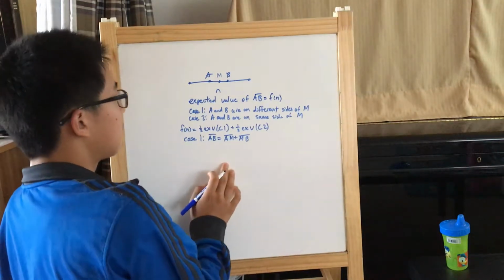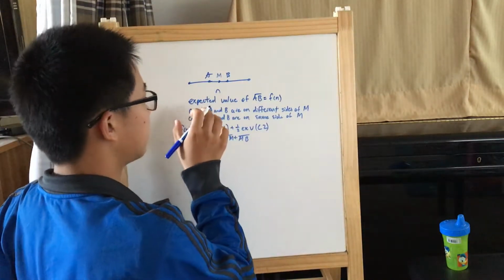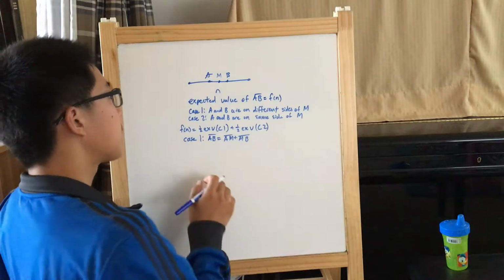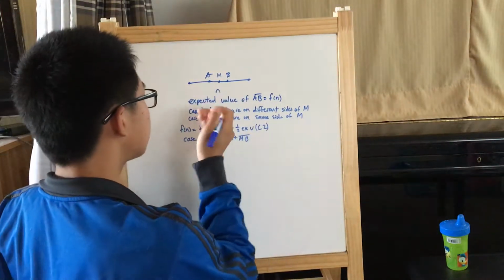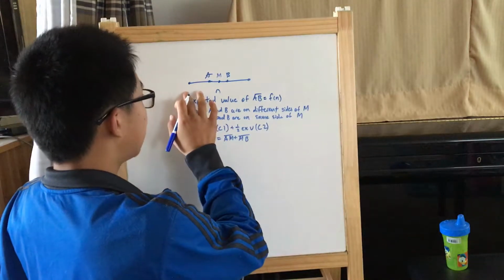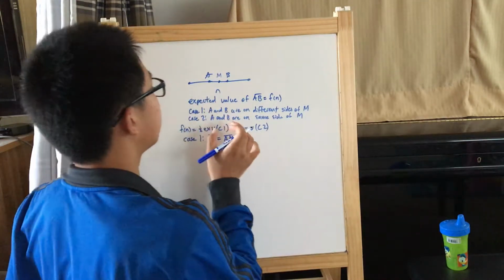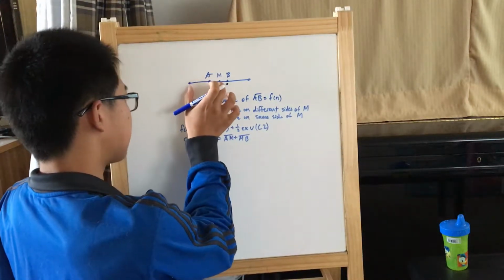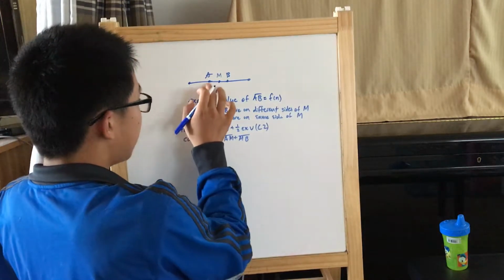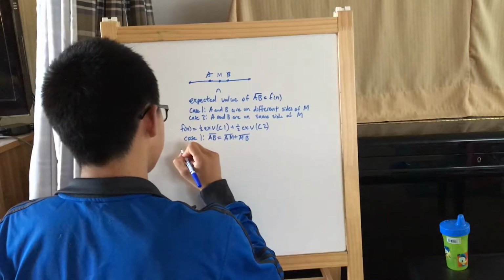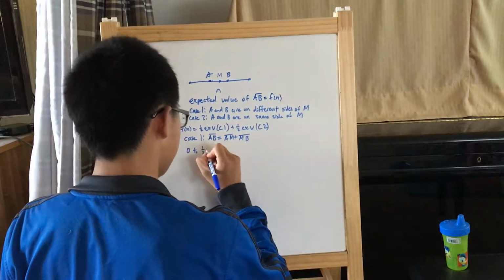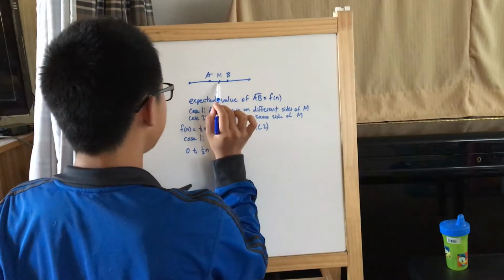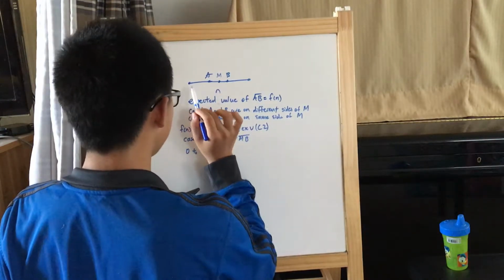So what is the expected value for AM? Well, A is being chosen on a line segment of length 1/2 n, and one of the endpoints is M. So the length AM can be anything from 0 to 1/2 n, because it would be 0 if A landed exactly on M, and it would be 1/2 n if A landed on the other endpoint.